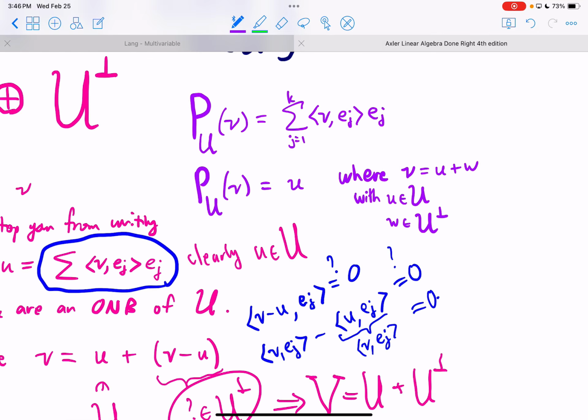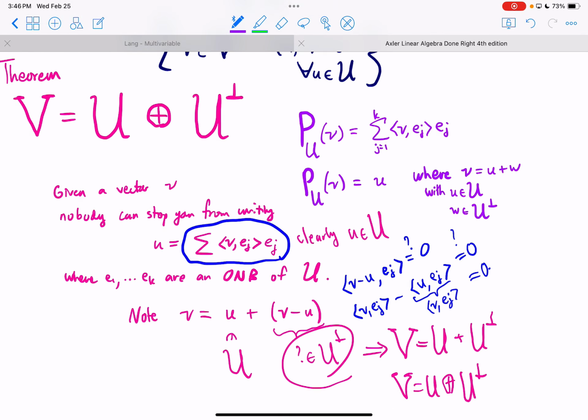Why did I make such a big deal out of this U direct sum U perp? Because it allows us to orthogonally project onto a subspace and get a unique answer. And so the fact that we can decompose any vector into two pieces uniquely means we can take the first piece.